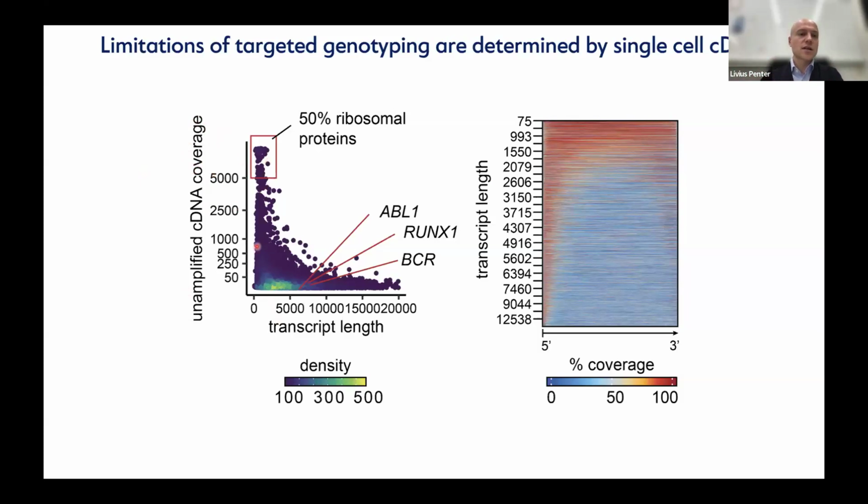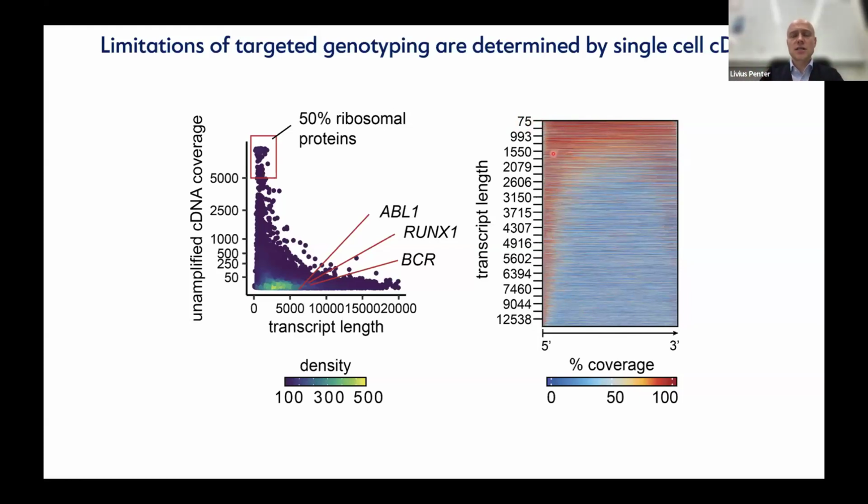So if you have a short transcript length, you actually have a very high representation, and the longer the transcript gets, the lower the representation in the cDNA. On the right-hand side, you can see a heat map where you can find the same effect. If you have a very short transcript, you actually get coverage of the entire thing.